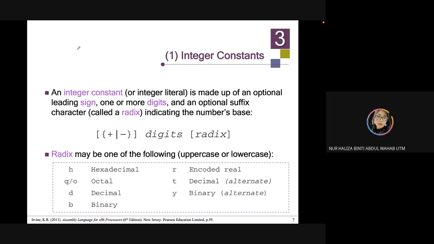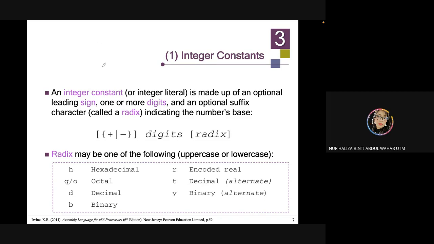Hexadecimal is base 16. 2A is a hexadecimal number, and normally we put 16 as the base. In our extra class, I already mentioned that you cannot put this 16 into your assembly language programming. Instead, you put H. H means hexadecimal.